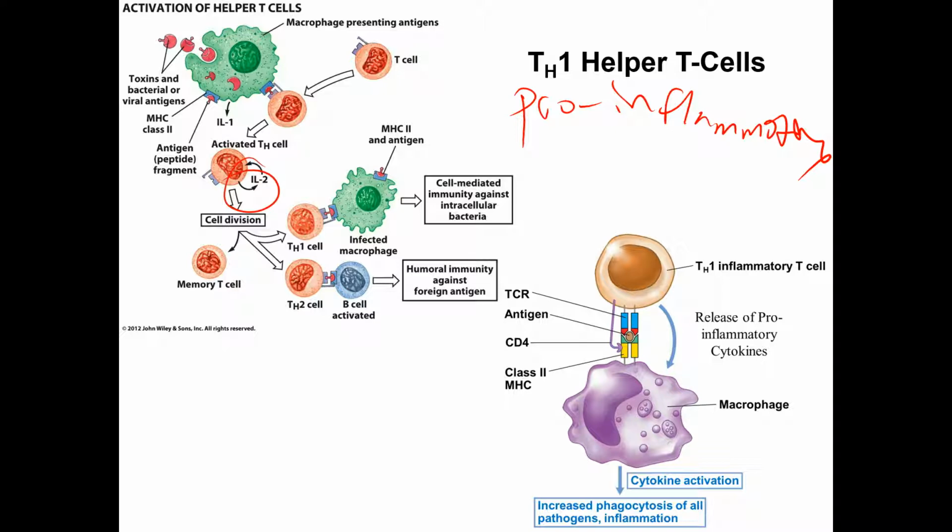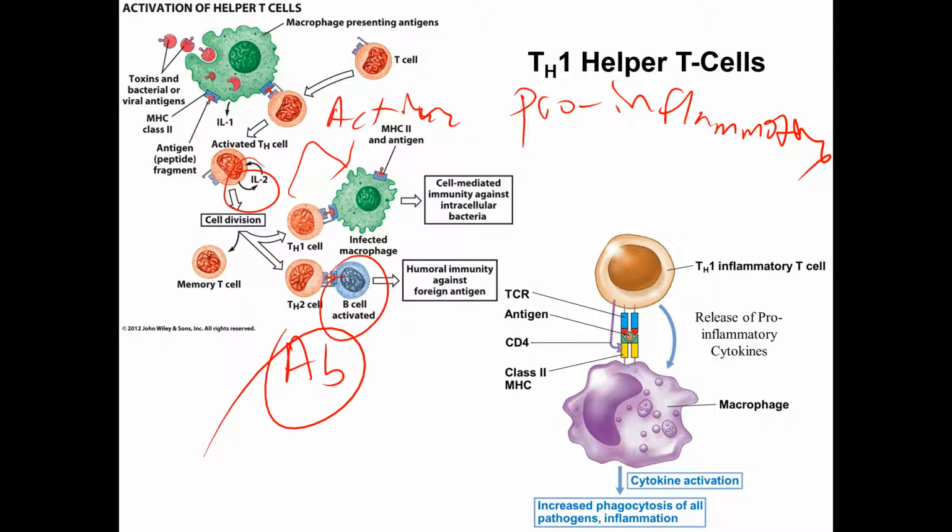It'll interact with a macrophage, your phagocytic cells, and stimulate this phagocytic cell through chemical messengers to become active. Or a Th2 cell, T helper cell, will interact with B cells to allow for antibody production.